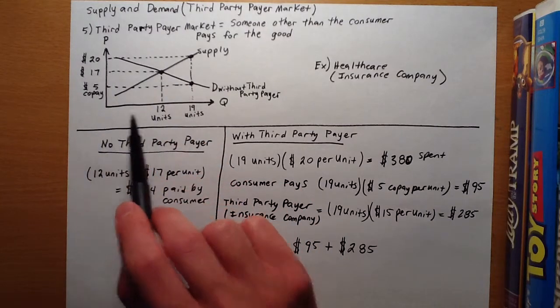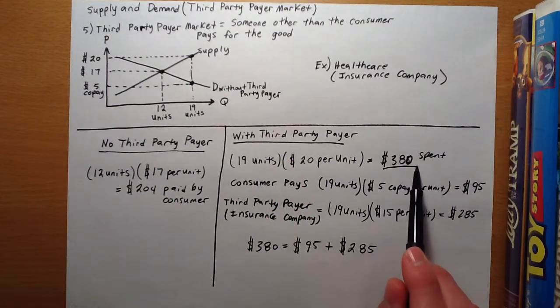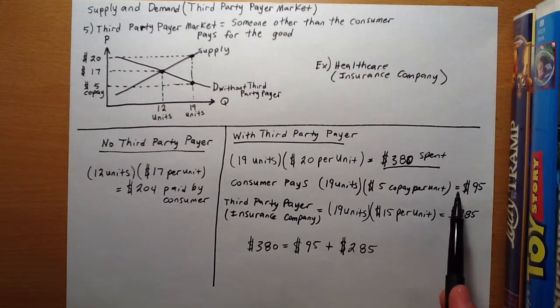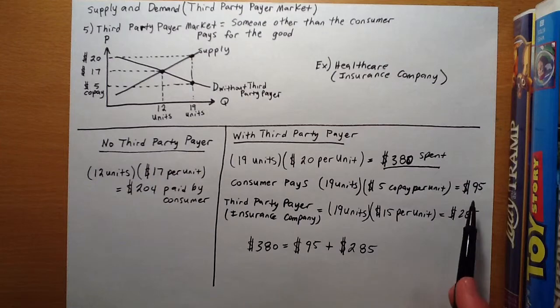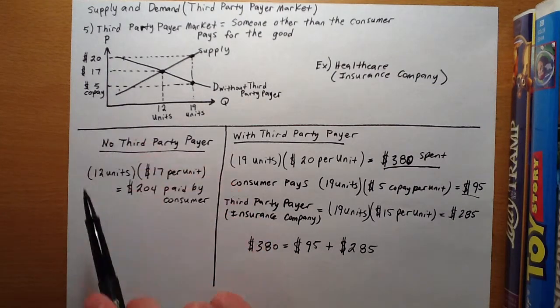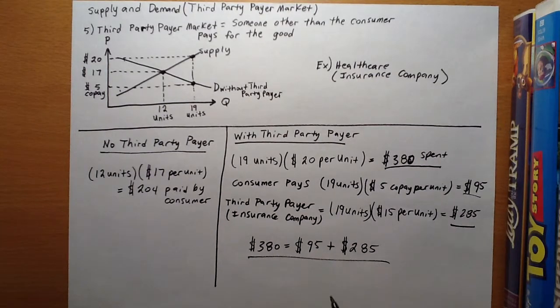So it's 19 units of medical care times $20 per unit. So $380 are going to be spent. Out of that 19 units, we pay $5 per unit. So the consumer, the demander, pays $95. The insurance company pays $15 of that visit. So they pay $285. So it adds up: 95 plus 285 equals 380.